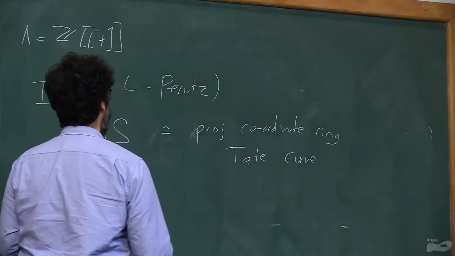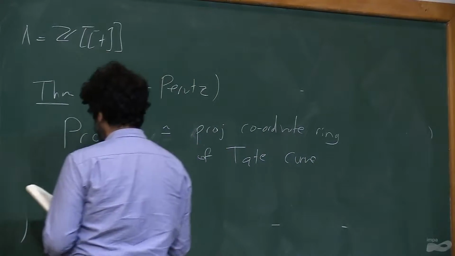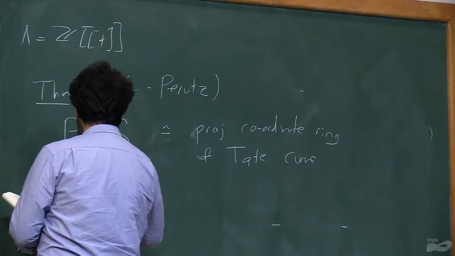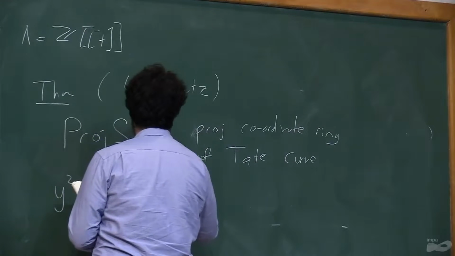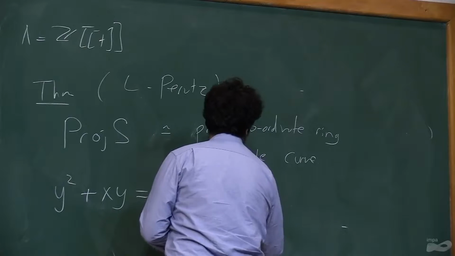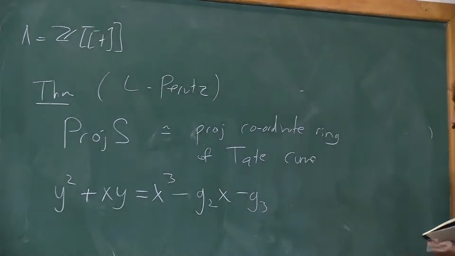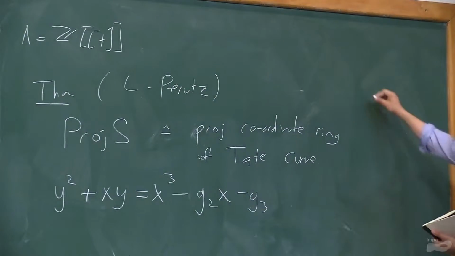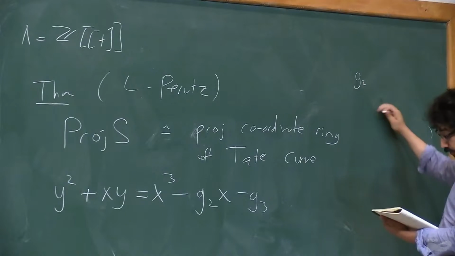Okay. So this Tate curve is very easy to define. So its affine equation is as follows. It's an elliptic curve over this ring, and G2, G3 are certain elements of that ring.